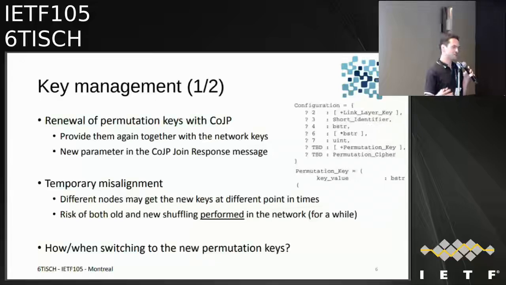Of course, different nodes will get the new key sets at different times. So for a while, you might have misaligned permutation keys, and different schedules will be produced, and this needs to be minimized at least as an impact. So the big question is, when are you supposed to switch to the new permutation keys? And the best answer is apparently, not exactly when you switch to the new network keys.